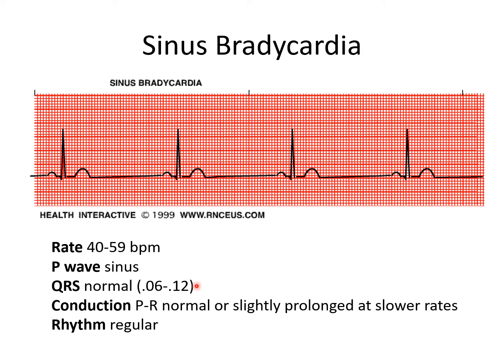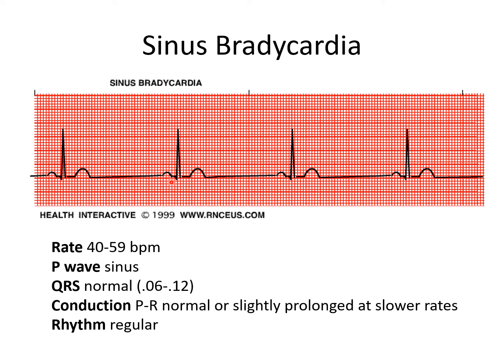The PR, in this case, we also have to look at before we interpret that it is a sinus bradycardia. We have to look now at the PR interval. The PR interval, remember, starts here and ends here. So it's this length of time here. And this is a nice slide because we can see from the beginning of the P to the first downward deflection, it all is happening within one large box. So clearly we have a PR interval that is within the normal range, because if it's prolonged, it's greater than 0.2 seconds.